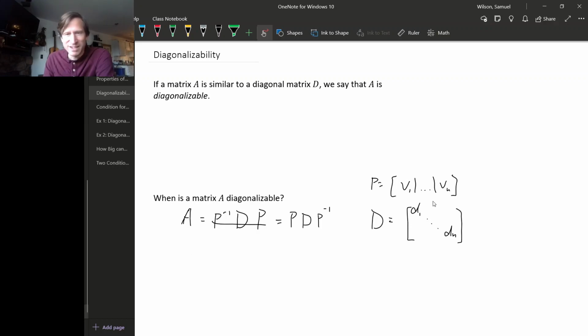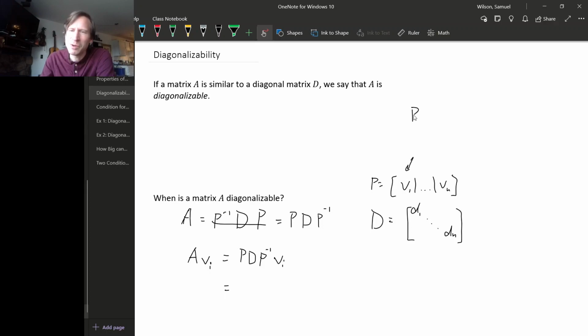So what happens if we take one of these vectors and multiply it by A? It could be any one of these, so I'll write Vi. Well, A is similar to D, so A is P times D times P inverse times the vector Vi. What is P inverse times Vi?